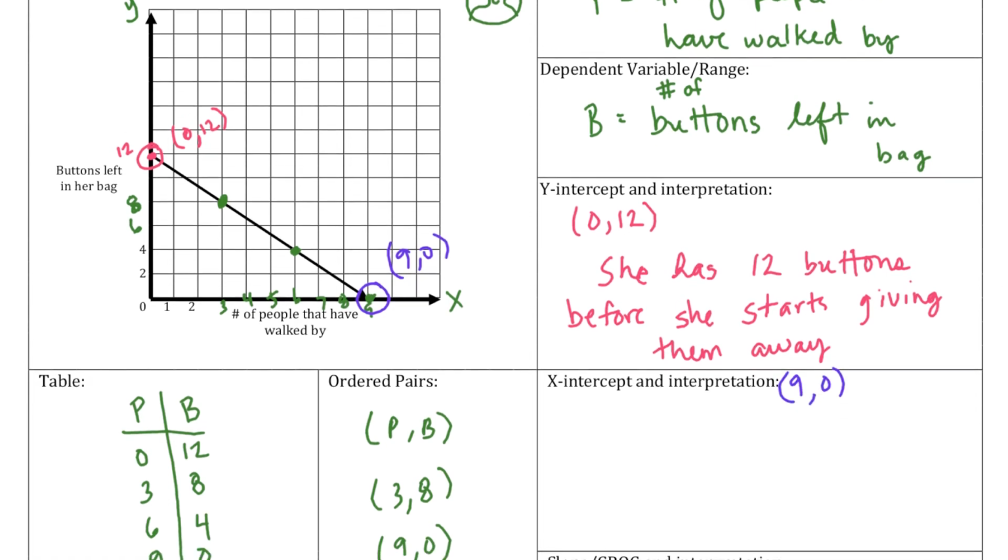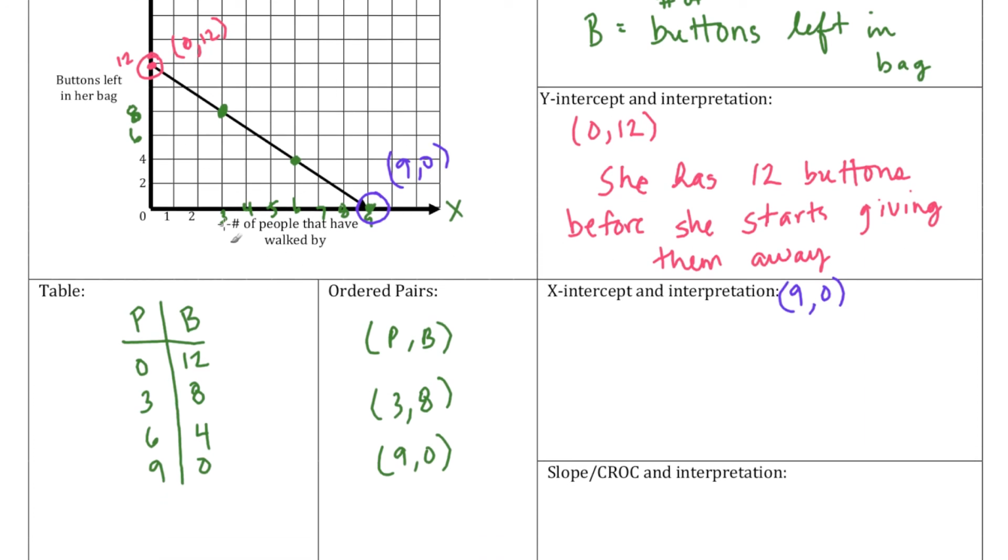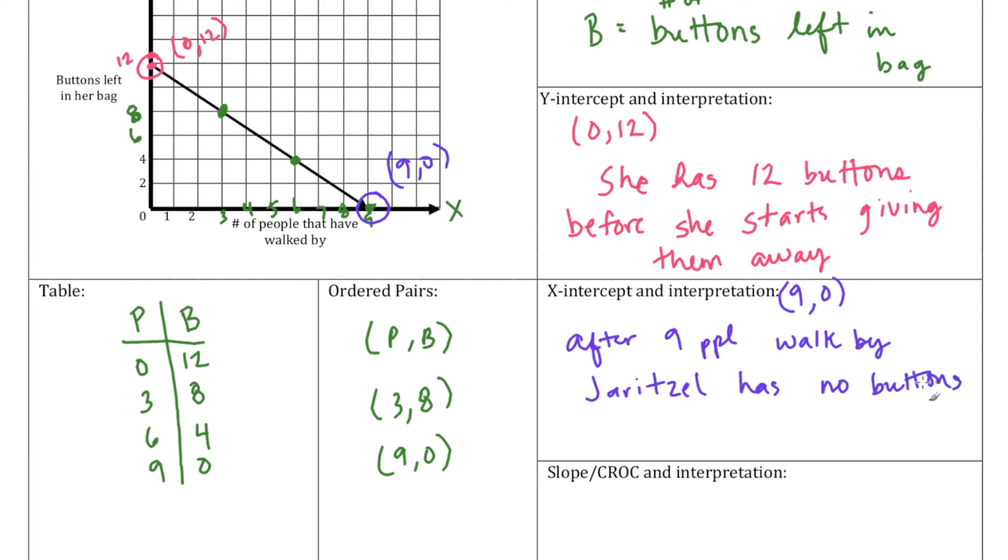And let's interpret what it means. So after 9 people have walked by, she doesn't have any more buttons left in her bag. She has 0 buttons left. So after 9 people walk by Jadit Sell, she has no buttons left.